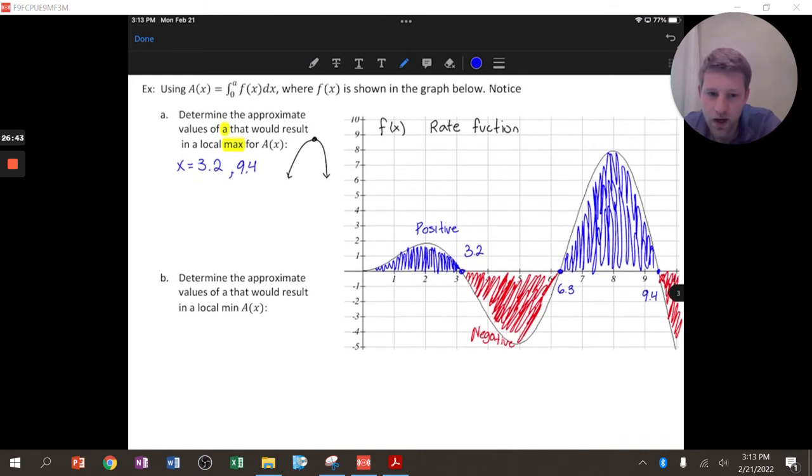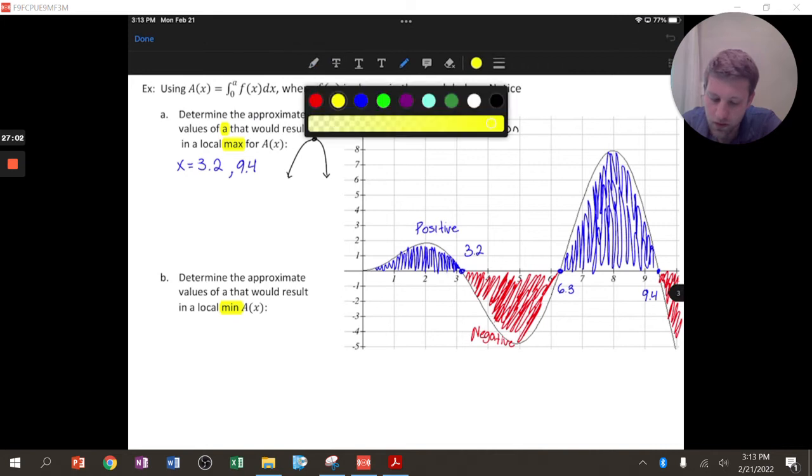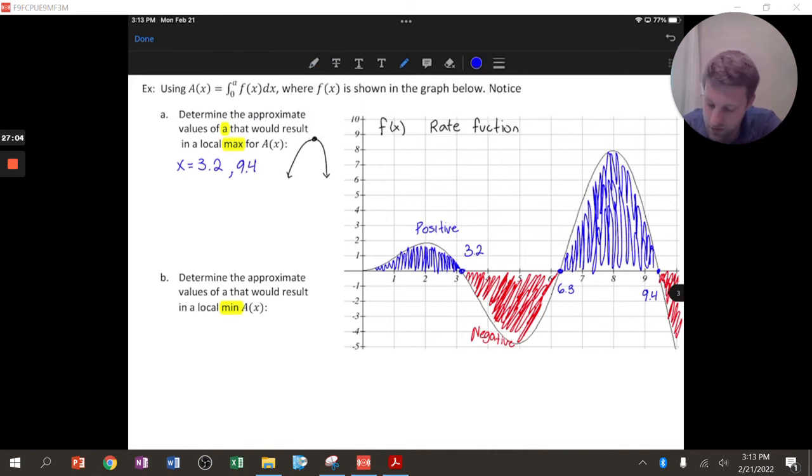If I considered where I might have a local minimum for my area accumulation, well, that's going to be found right after I've picked up as much negative area as possible. So consider the point x equals 6.3. We've accumulated some positive area for sure, but the negative area that we've accumulated is really maximized when we hit 6.3.